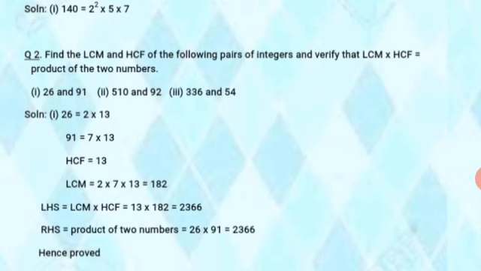The product gives you 2366. Now the RHS, which is the product of the two numbers, the numbers were 26 and 91, so their product gives you 2366. Children, you can understand that these two numbers are same, and hence we have proved that LCM multiplied by HCF is equal to product of the two numbers.